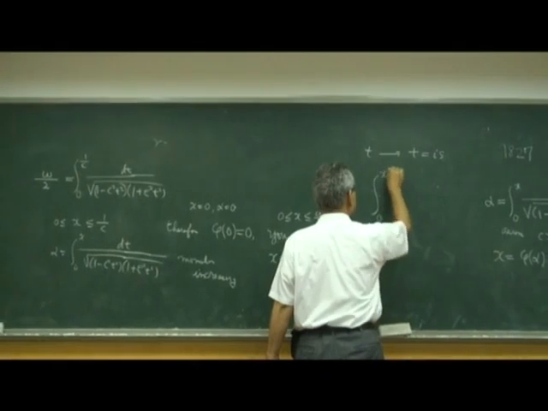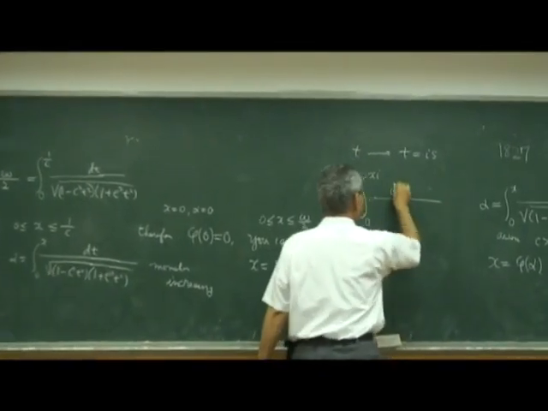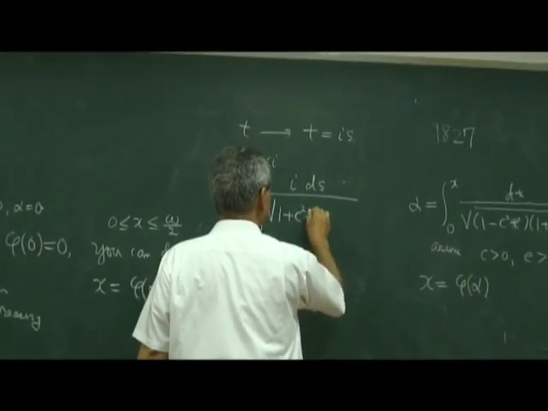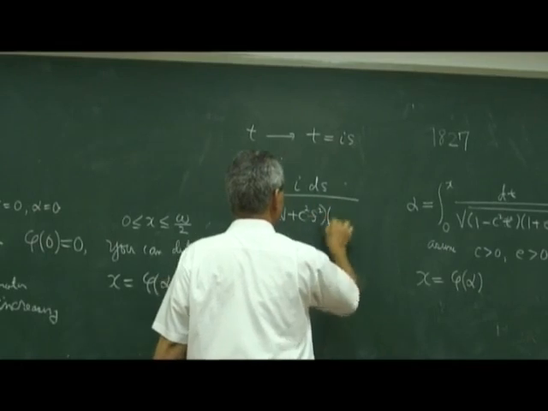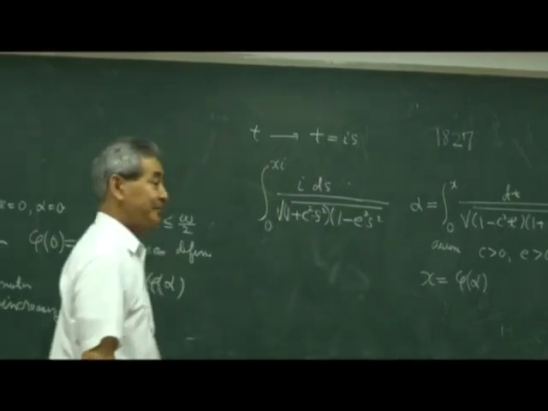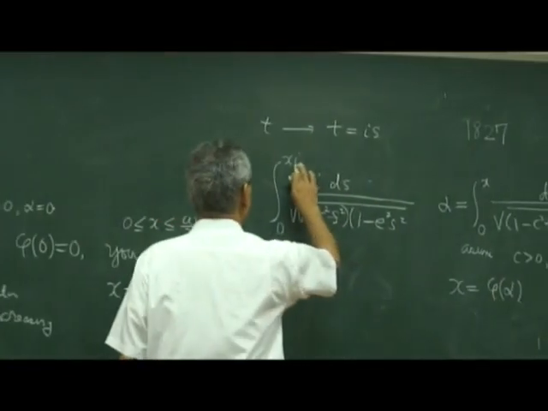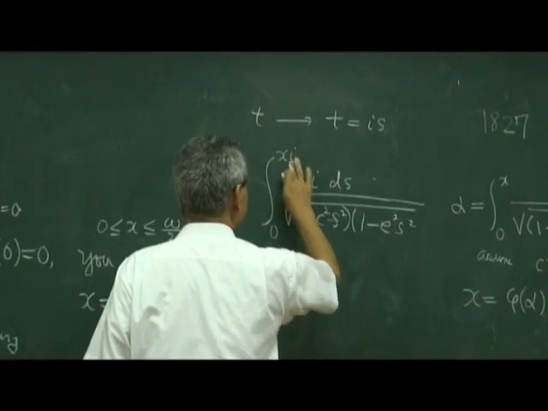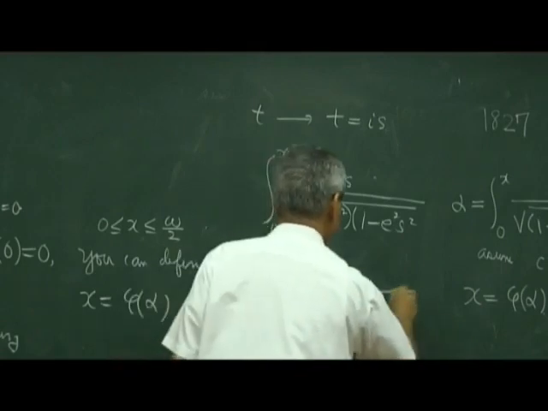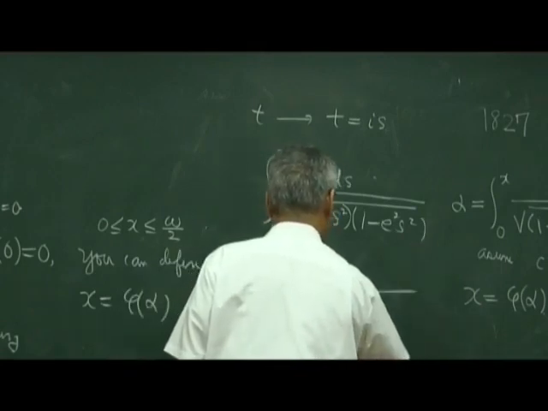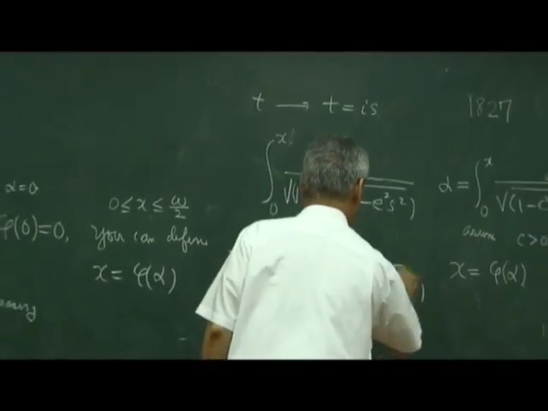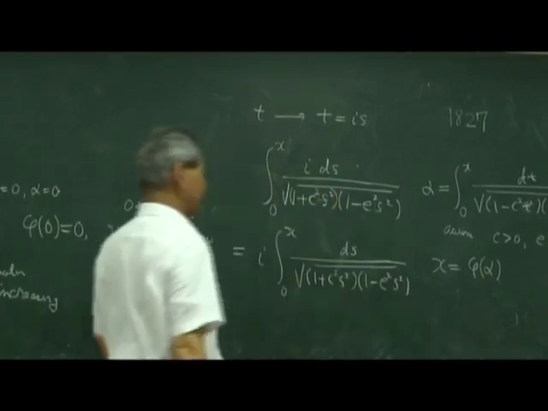Here we get i times ds, and then 1 plus c s squared, and here e s squared.